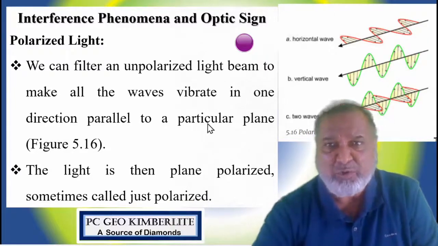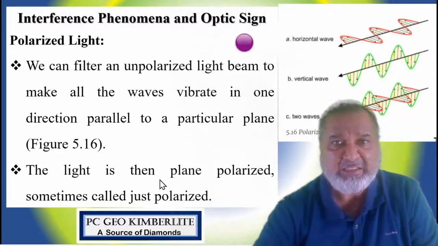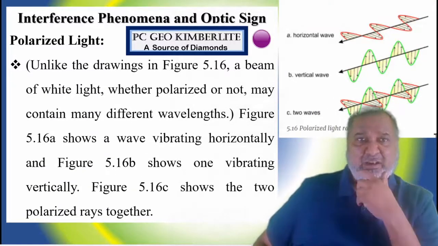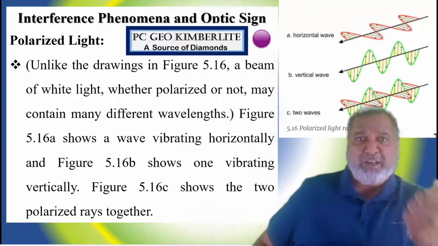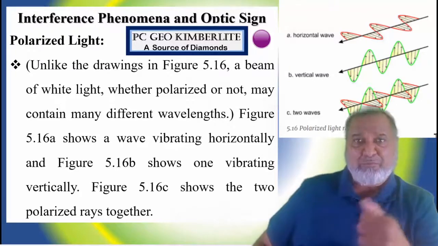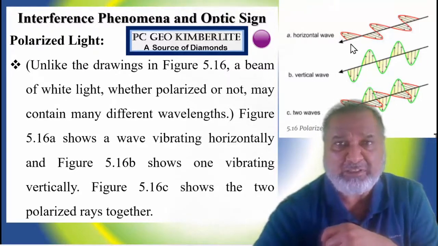These are called polarized light. A beam of light, whether polarized or not, may contain many different wavelengths. Figure 5.16a shows the wave vibrating horizontally. Yes, this is horizontal.